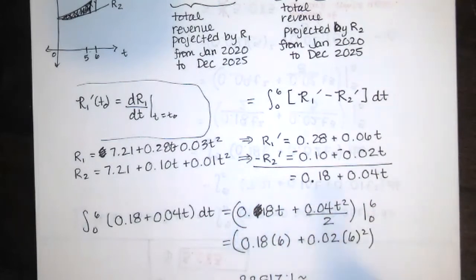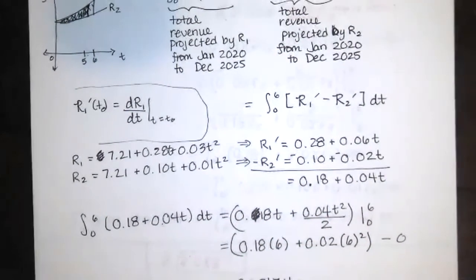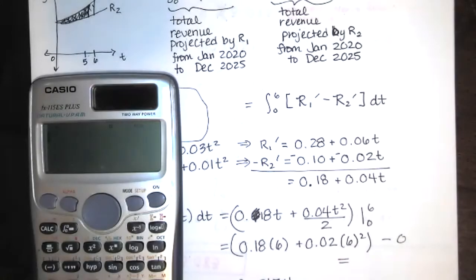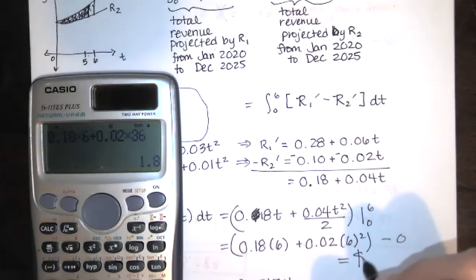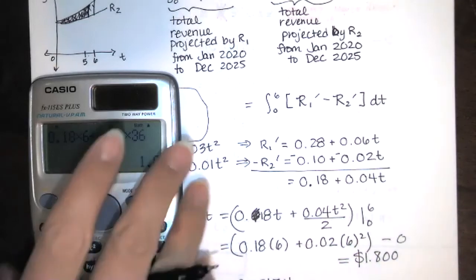And you also evaluate this at 0 and subtract, but when you plug in 0, you just get 0. So we get that there. And now let's evaluate and see what we get. So I get 1.800 exactly, millions of dollars.